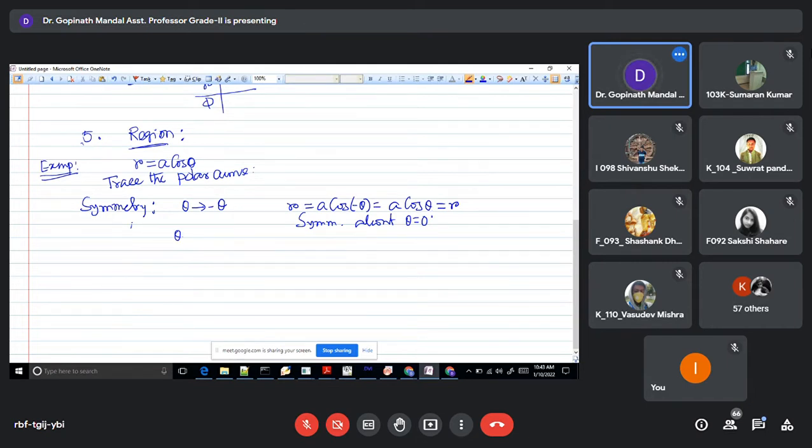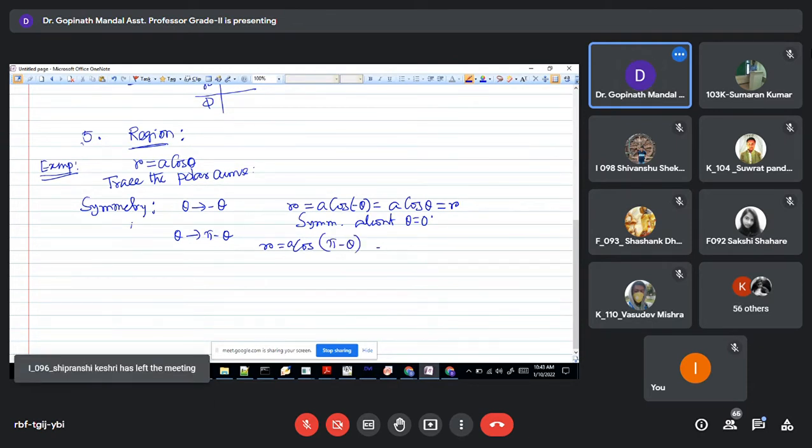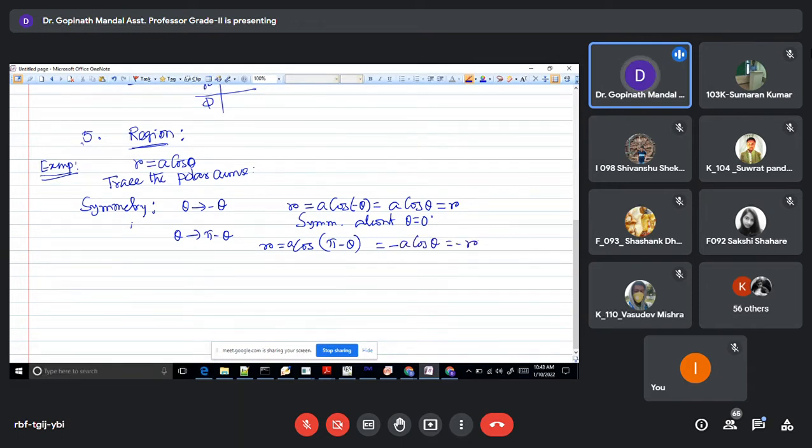If we put pi minus theta in the place of theta, then r will be a cos(pi minus theta), that will be minus a cos theta, that is minus r. So there is a change in the equation. So not symmetric about theta equal to pi by 2.